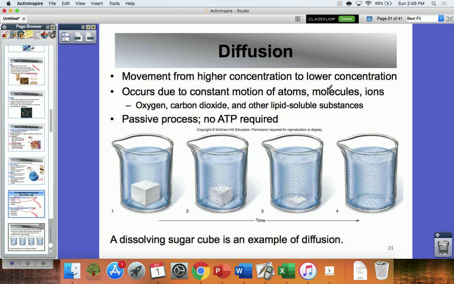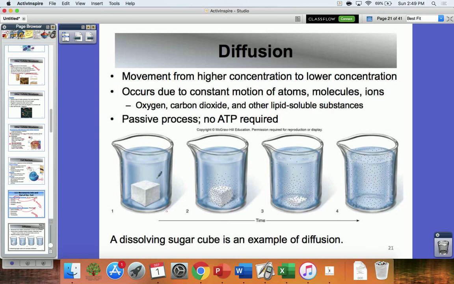Diffusion. Diffusion is going to be where we have things moving from higher concentration to low concentration, and it will be different atoms, molecules, ions, things like carbon dioxide or any other substances, and it literally just goes from where we have high concentration. For instance, in this example, you have a high concentration of, let's say this is sugar.